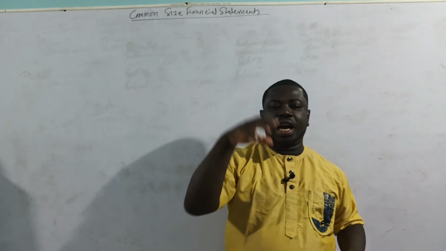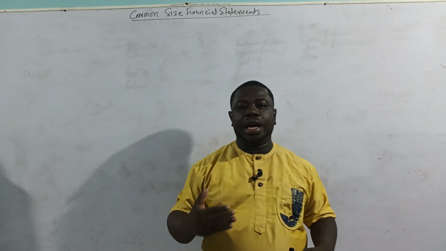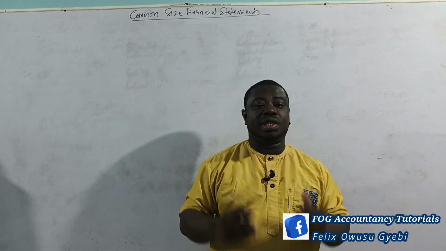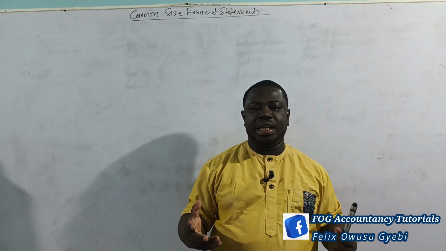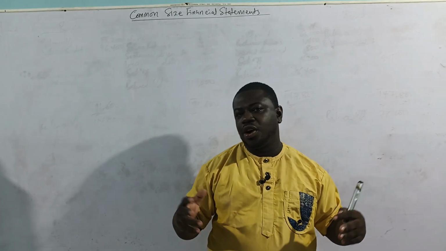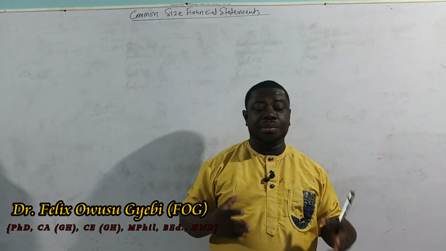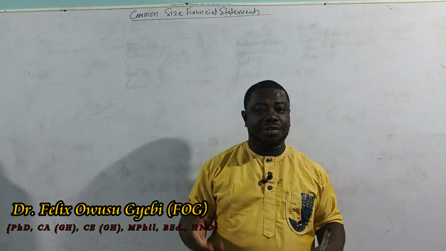Now we can have an industry where there are different sizes of companies. When we talk about size of a company, basically it's about the total assets or the total revenue generated. Those are two parameters that can be used to determine the size of a company.